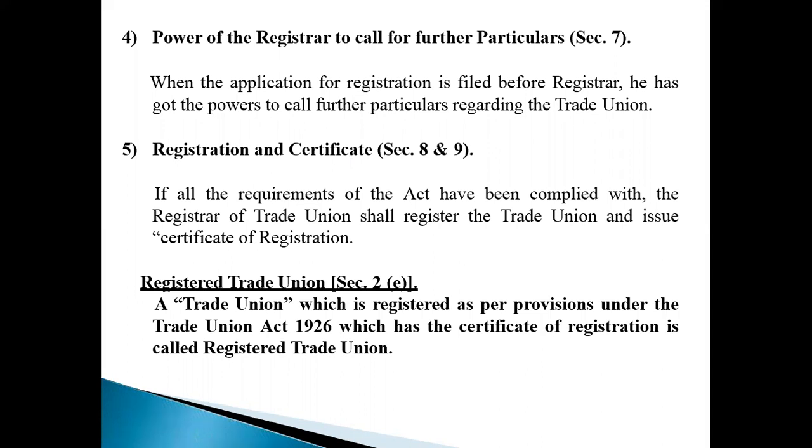So under sections 8 and 9 of this act, that is the Trade Union Act 1926, the sections give a right to the registrar: if the particular requirements are fulfilled to comply, a particular trade union should be registered, right?